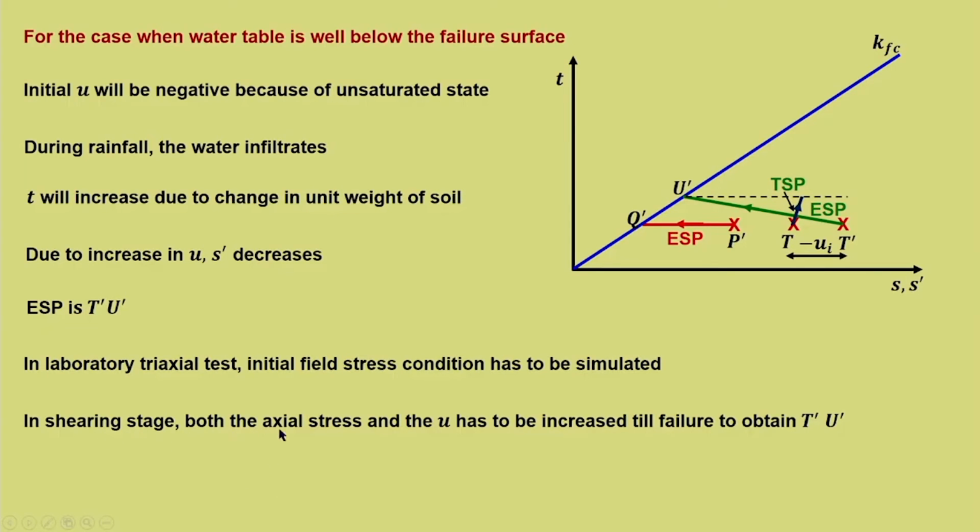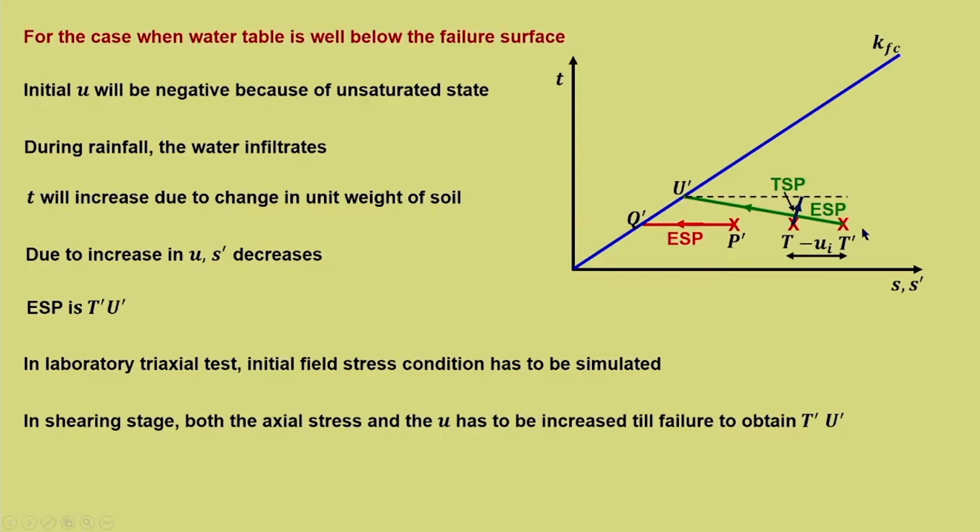So, here in the shearing stage, we are increasing the deviatoric stress. Now, this deviatoric stress increase is increase in T, because T is same as sigma 1 minus sigma 3 by 2. So, sigma 1 minus sigma 3 has to increase, because that is the case discussed here. T is also increasing and the S dash component is reducing because of the increase in pore water pressure.